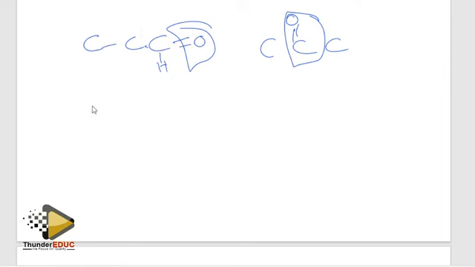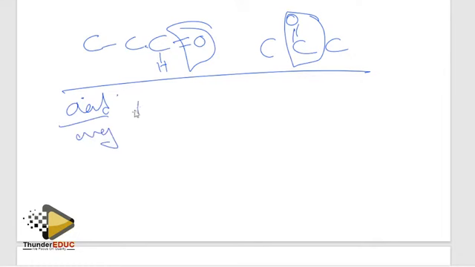For example, if I have a reaction, now I might combine this with the reactions. If I have a reaction, you have an acid, which is an organic acid, plus alcohol, then in the presence of sulfuric acid, you form an ester. Cool.